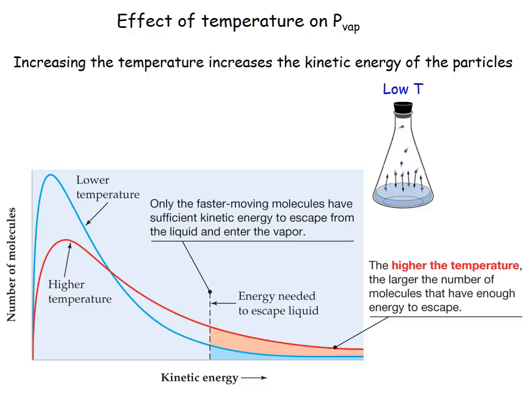And if we increase the temperature, then since more molecules have sufficient kinetic energy to escape into the gas phase, we should therefore have more molecules in the gas phase above the liquid. And that should make sense. Now, if we measure the pressure of each of those gases, then the one at higher temperature should have higher pressure because there are more molecules in that sample, more gas molecules.